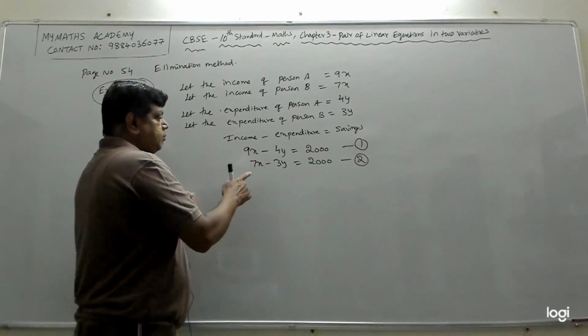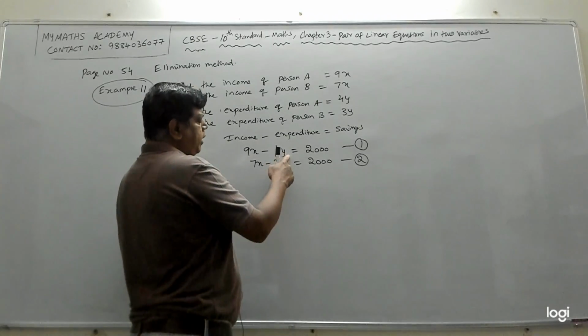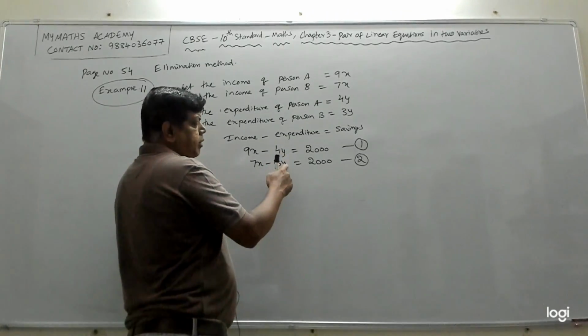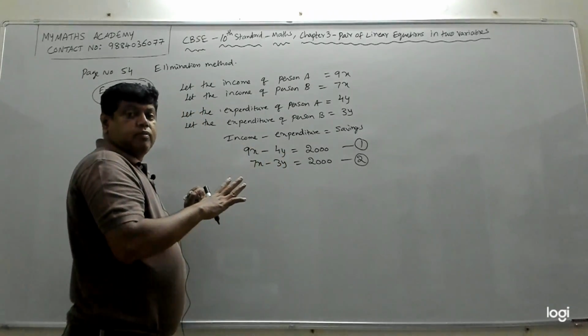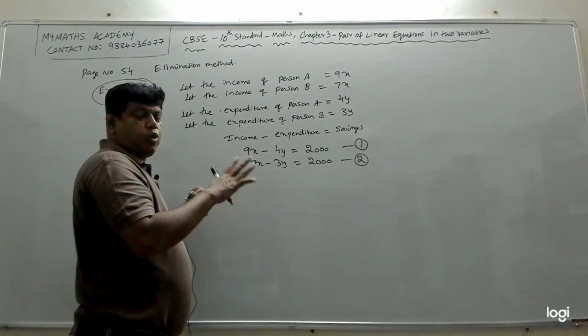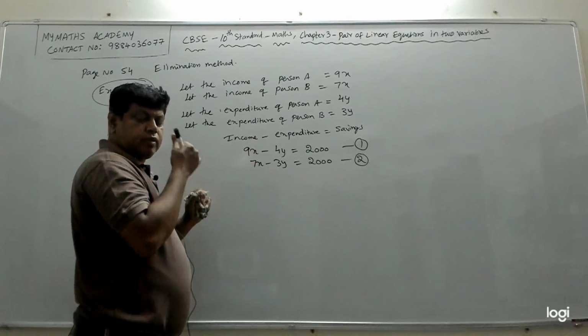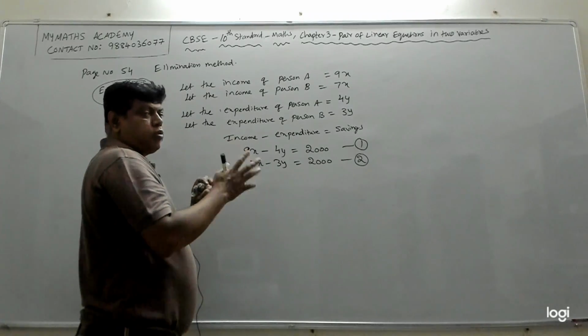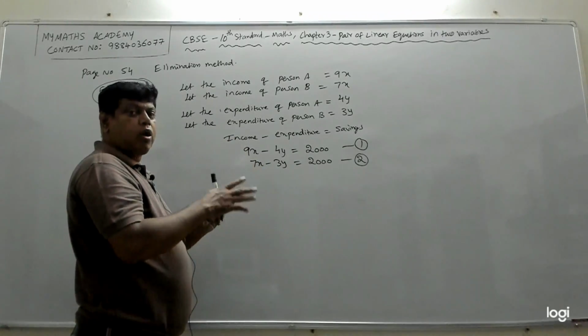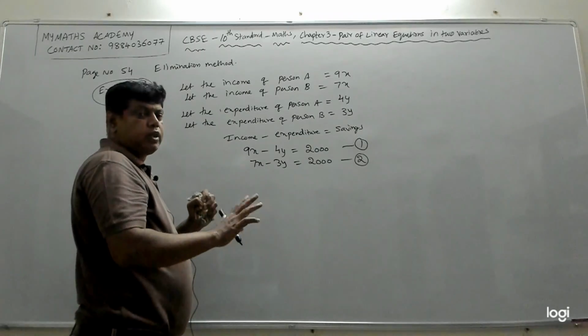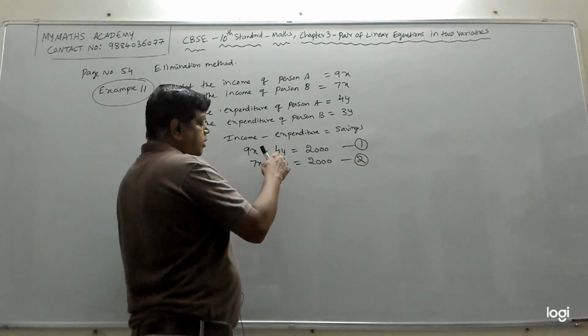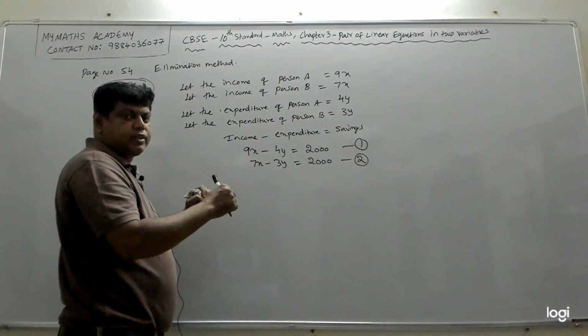So to make 4y and 3y have the same coefficient, the sign can be different, right? One can have minus 4 and the other plus 4, that is okay. Or both can have plus 4, or both minus 4, that is okay.